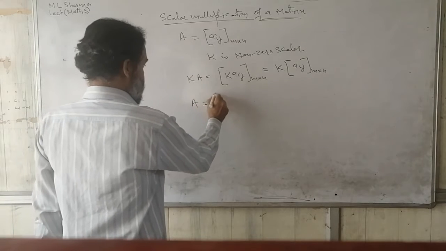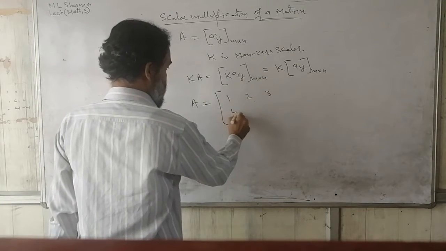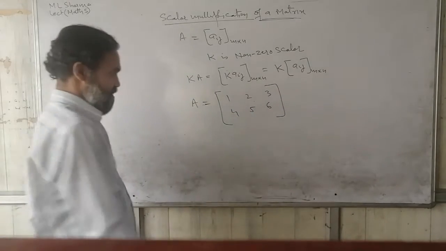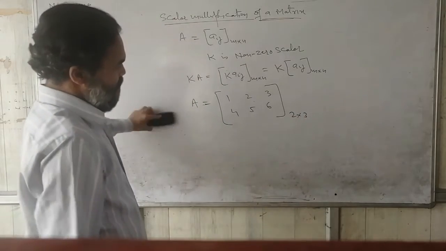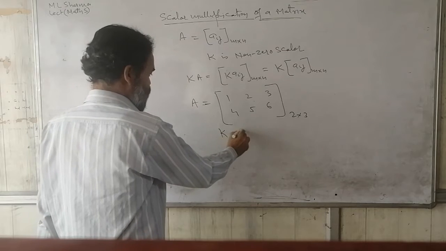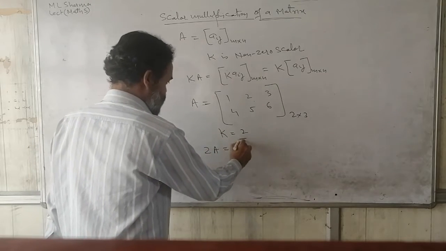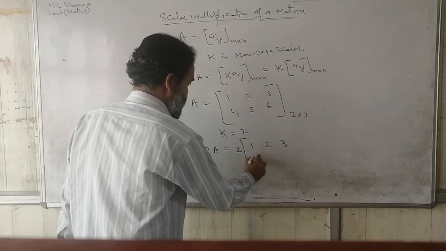Let A be a matrix of order two by three, and I have to perform scalar multiplication on this. So let k equal 2. So I have to write it in this way.